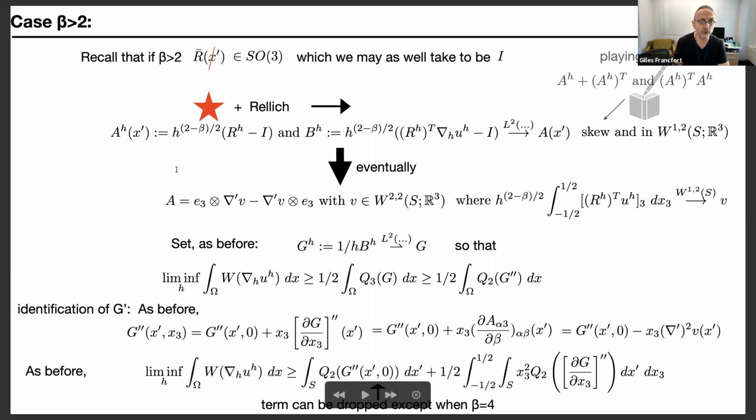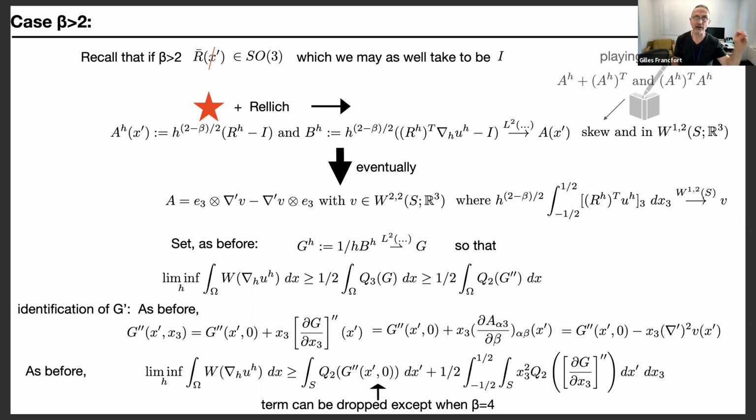In the case beta equals 2, if you go to the middle of that slide, I'm sorry, I don't have any way to underline things. Where it says set as before, so before we had G_h with what was 1 over h B_h, and I'm not expecting you to remember what B_h was, but B_h in the case beta equals 2 was just essentially what is on the third line of this transparency without the h^(2 minus beta over 2) in front.